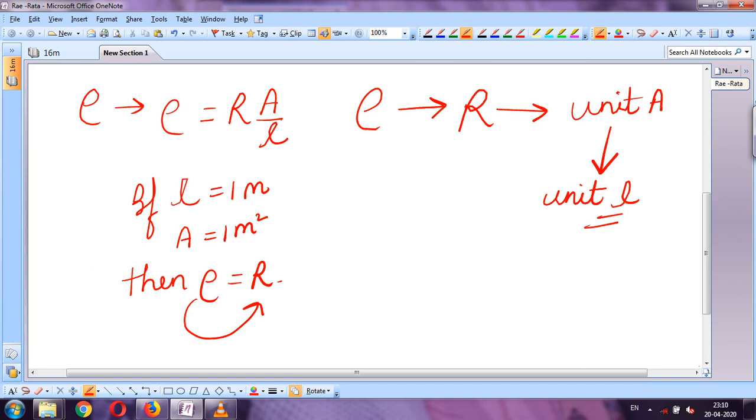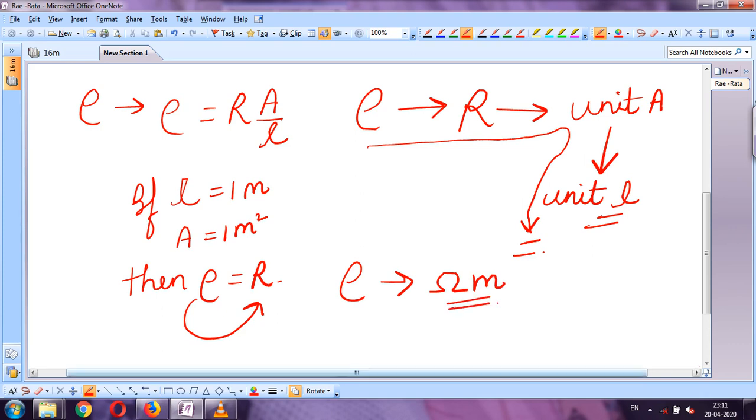Once again let us revise. Resistivity is defined as the resistance of a conductor whose length and area of cross section are unity. In this way we can define it. What will be the unit of resistivity? The unit of resistivity will be ohm meter, right?